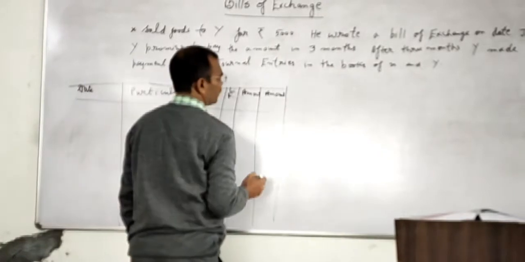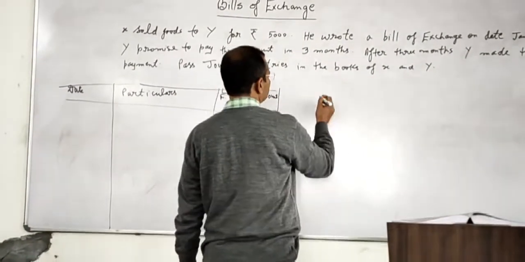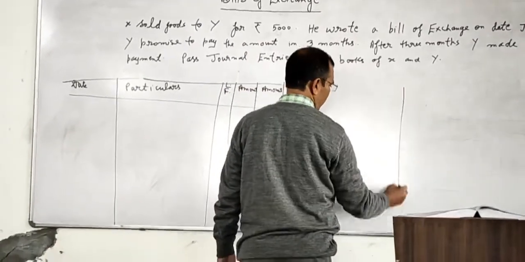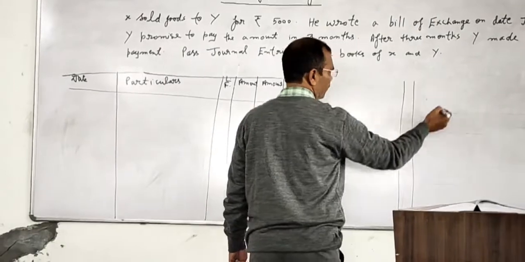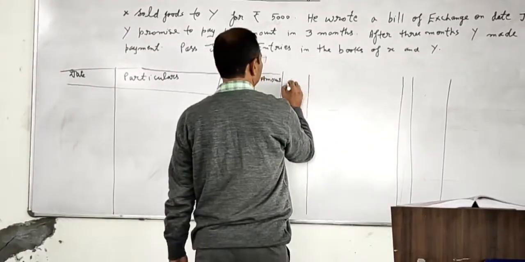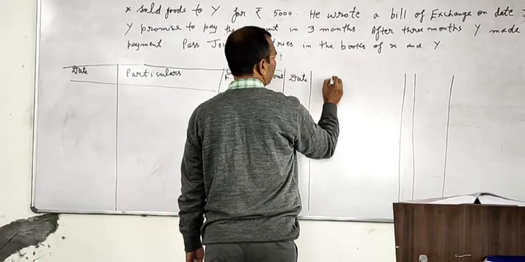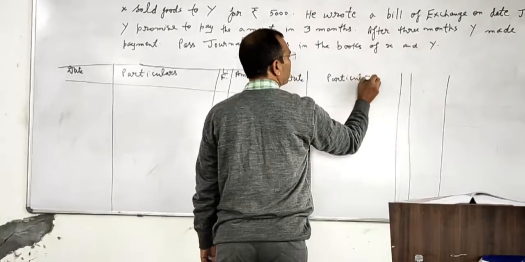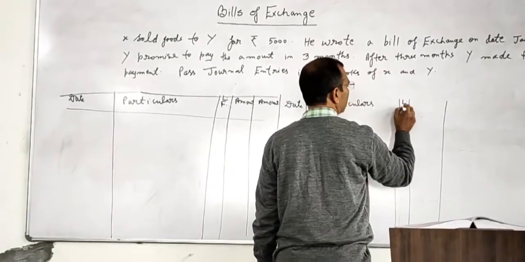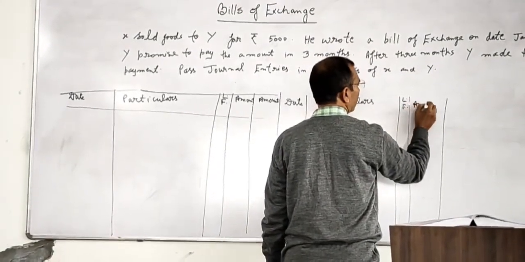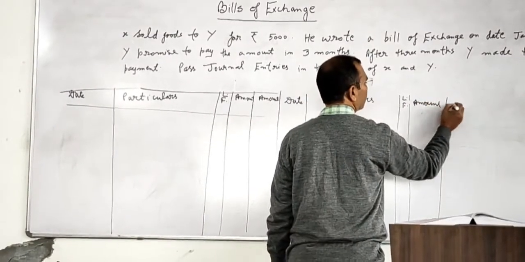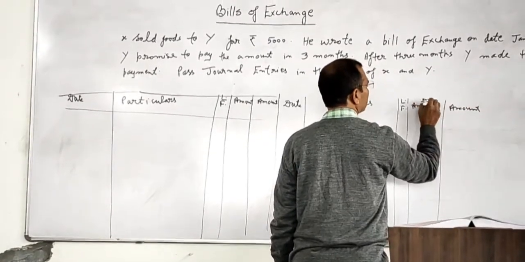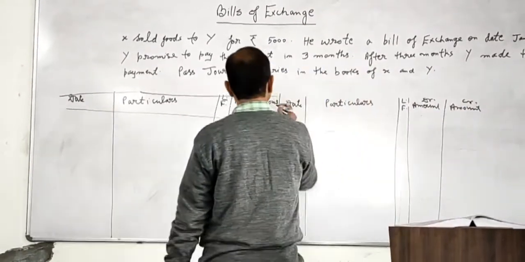And on the other page, we will again write these lines: date, particulars, LF, amount and amount. Debit, credit.